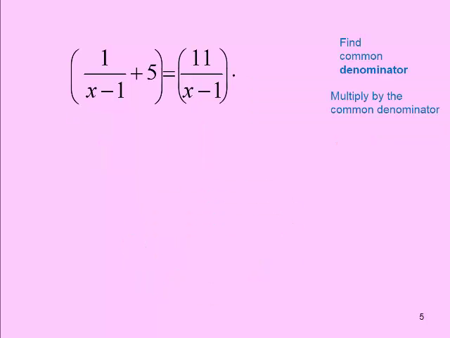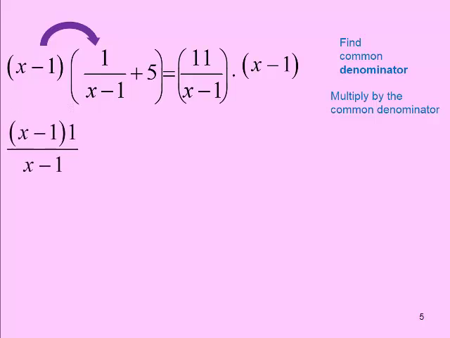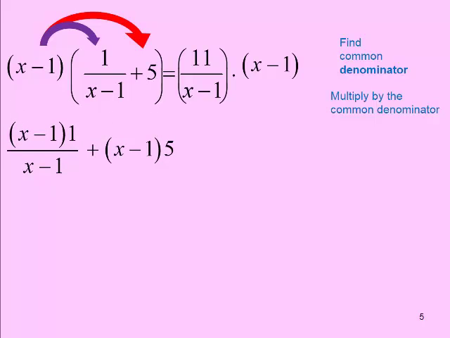We multiply by x minus 1 on both sides. The left-hand side, we use the distributive property. Right-hand side, cancel things that will cancel.